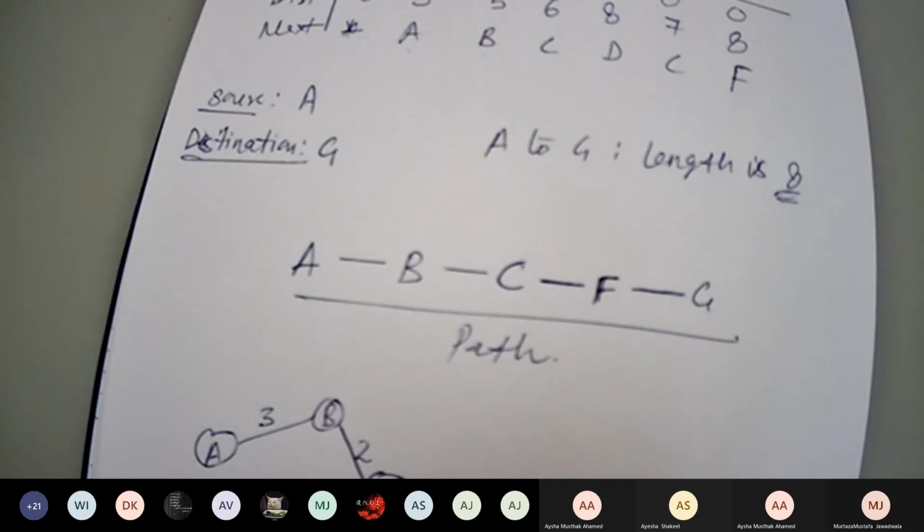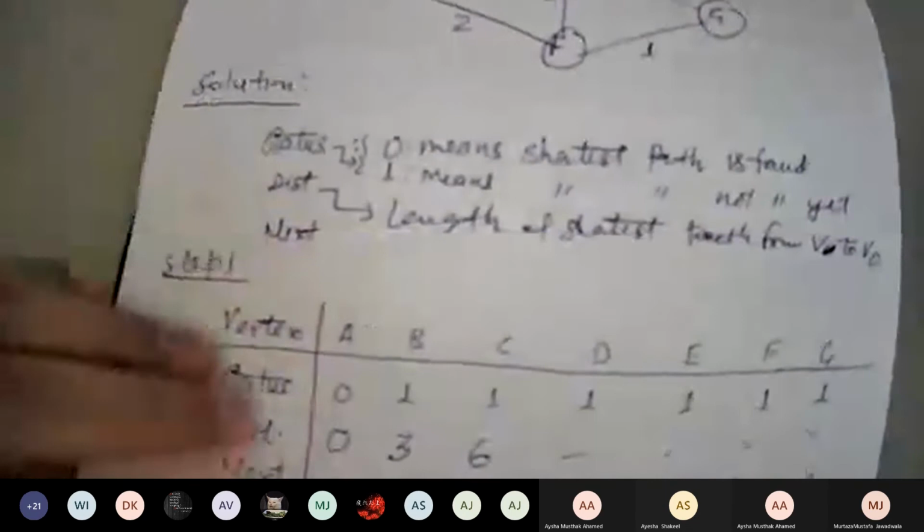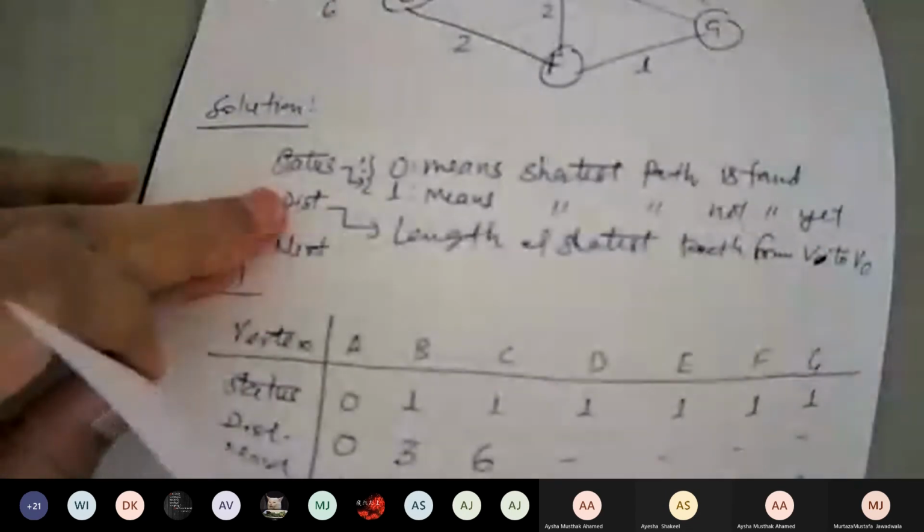Then from C you are going to F. Where is F? F you will go down.